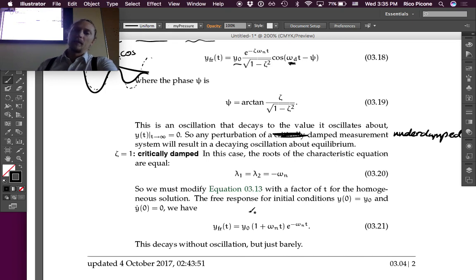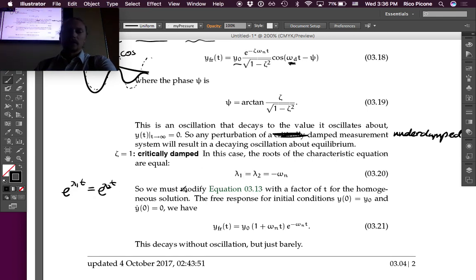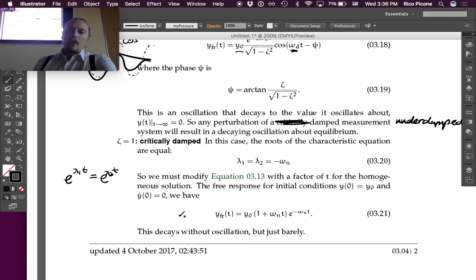Because in this case, if lambda 1 equals lambda 2, then you have e to the lambda 1 t, but that's equal to e to the lambda 2 t. So they're not two expressions. Not two solutions. So we must modify it for the homogeneous solution.